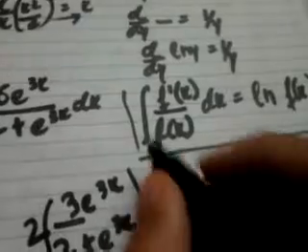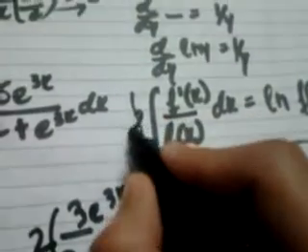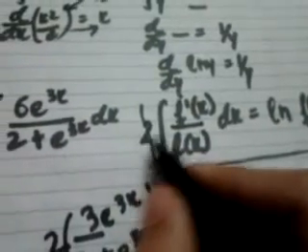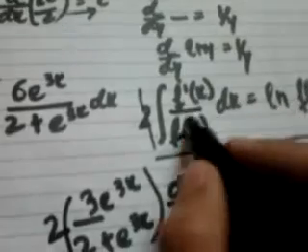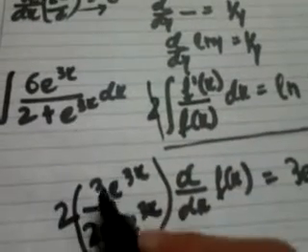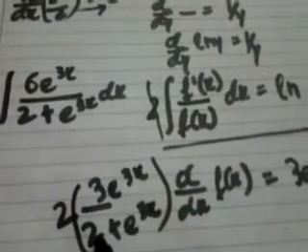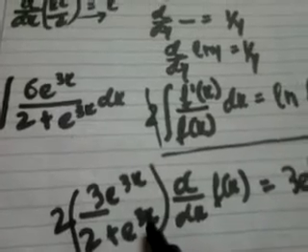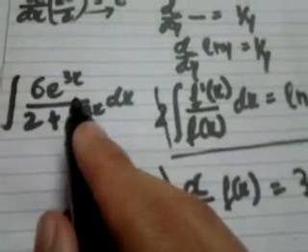If we put 2 here, then 2 times the derivative divided by the function, that is 2 times 3e to the power 3x over 2 plus e to the power 3x, is the same as this.